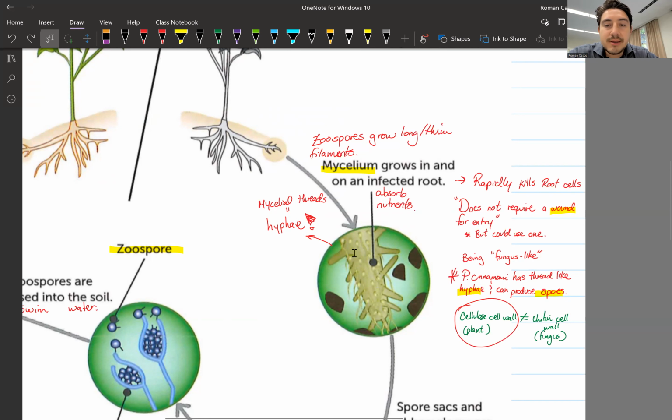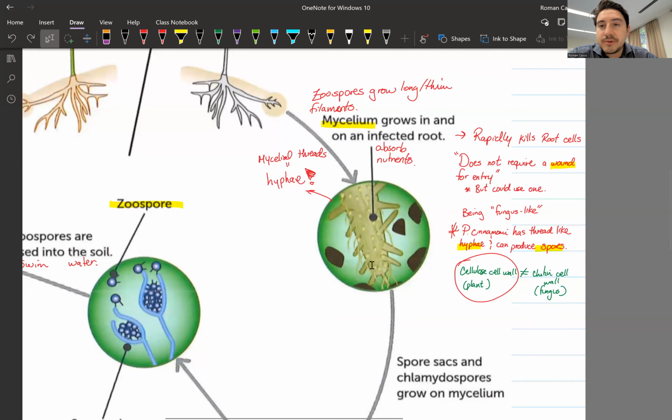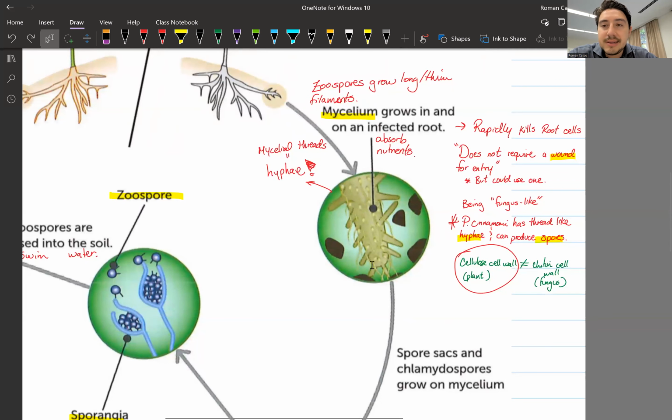What happens here is that this protist is coming in, growing in, infecting the root and absorbing all the nutrients from the root. So it's essentially killing the root cells.